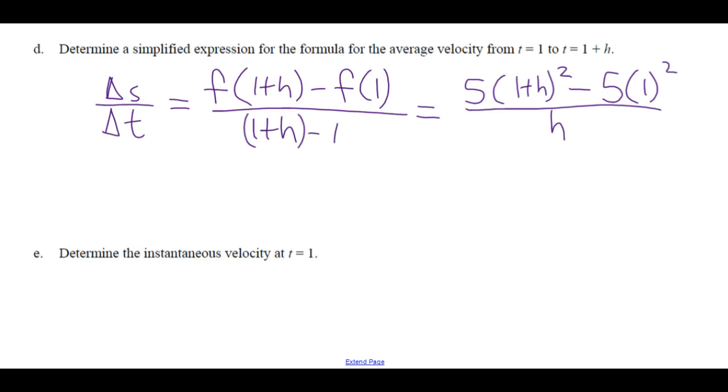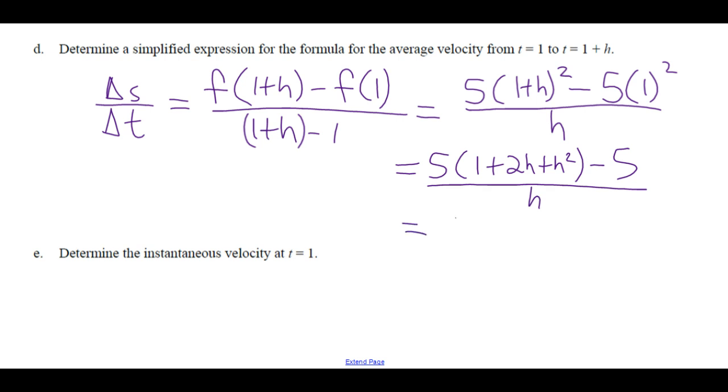And we can do a little math. So we've got to expand this. So let's do it. 1 plus 2h plus h squared minus 5. And you've got 5 minus 5, so that's all gone.